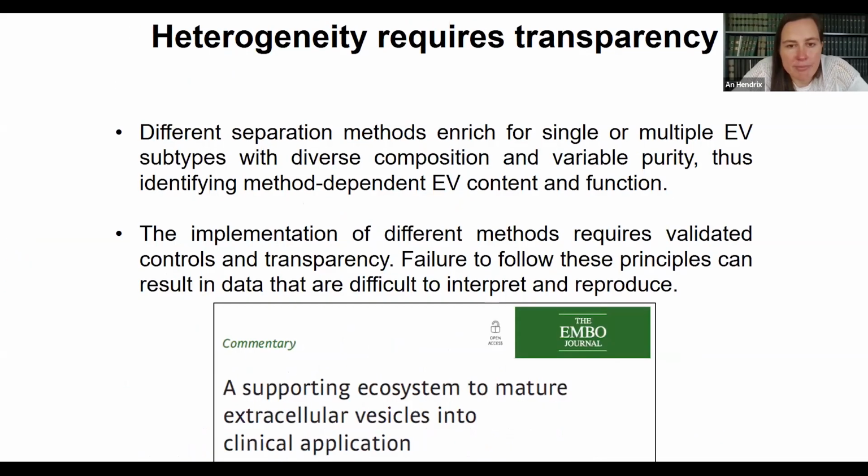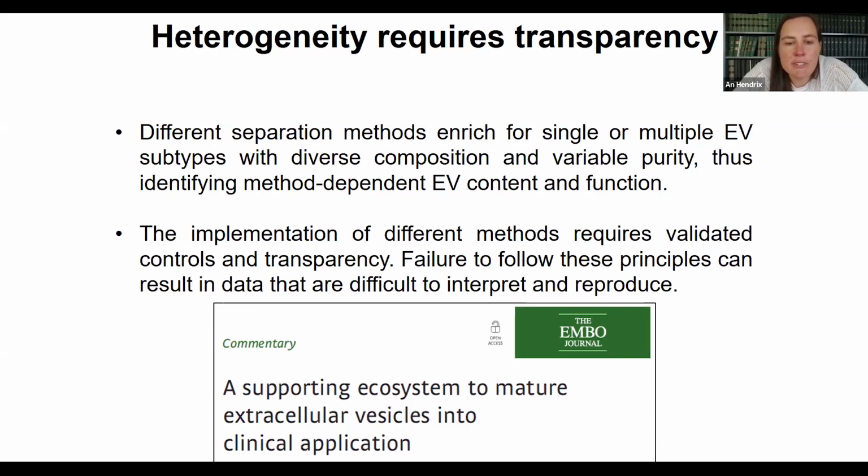Given this, it's important that we have to consider that there is methodological heterogeneity, but we also have to consider that this methodological heterogeneity will likely not be solved over time, because depending on the biofluid that you are studying, depending on the aim of your study, we would need different methods that could be combined in one or another way, but we need a diversity of methodology to fully explore the potential of extracellular vesicles.